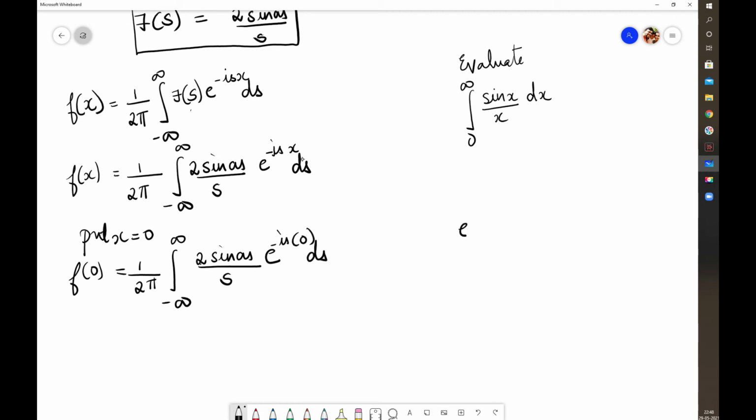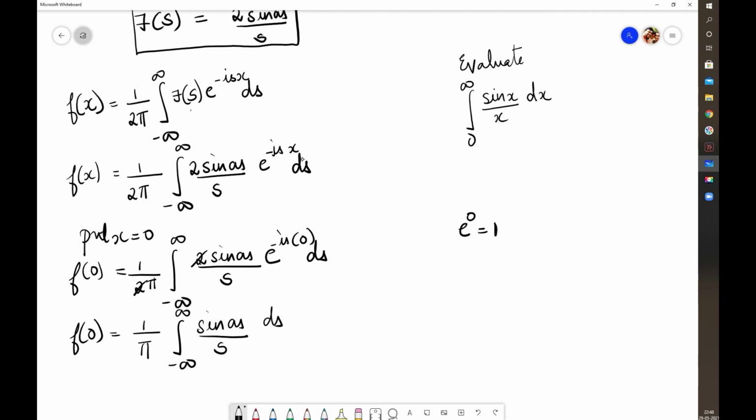So we clearly know e to the power 0 is 1. Then I cancel this 2 and this 2. So it becomes f of 0 is equal to 1 by pi, integral from minus infinity to infinity of sine as by s ds.